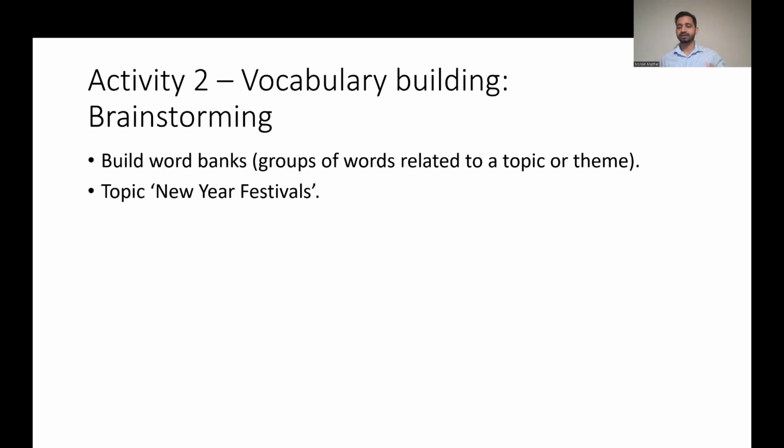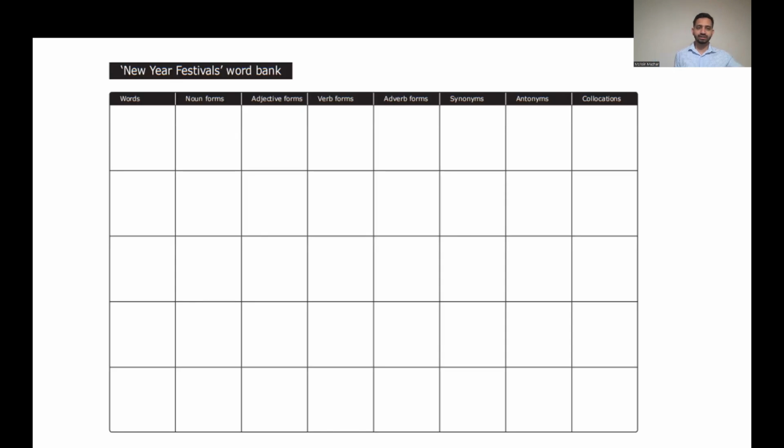So what we're going to do is a word bank. In our next screen, I'm going to give you a word bank to fill in. Before I do that, I'll share some of the words that I will use to fill this table. In these columns, let's read out the columns.